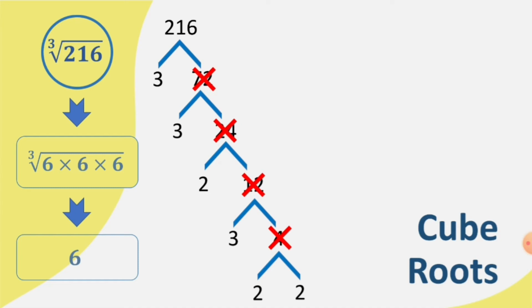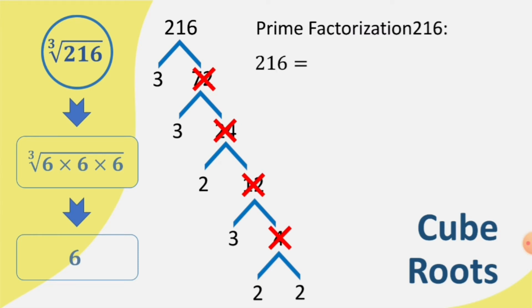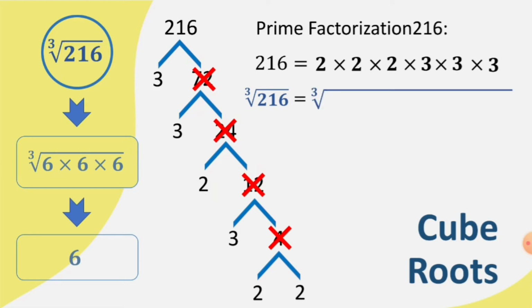So, we know that the prime factorization of 216 is 2 times 2 times 2 times 3 times 3 times 3. If we want to find the cube root of 216, it means we want to find the cube root of this prime factorization. 2 times 2 times 2 times 3 times 3 times 3.